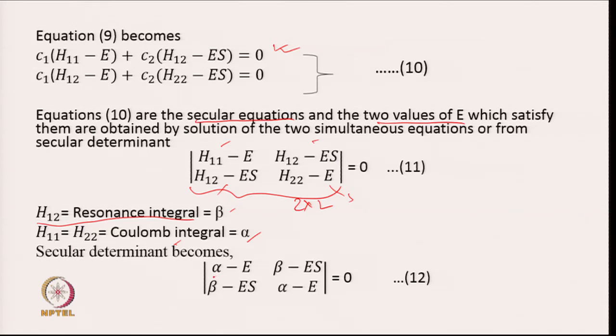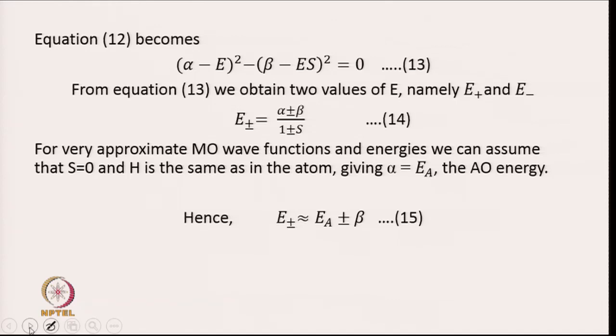So, then the secular determinant becomes alpha minus E, beta minus ES, beta minus ES, alpha minus E equal to 0. And when you solve that, what you will get is (alpha minus E) squared minus (beta minus ES) squared is equal to 0. And if we solve this, we can get two values of E, known as E plus minus, and that will be equal to (alpha plus minus beta) divided by (1 plus minus S).